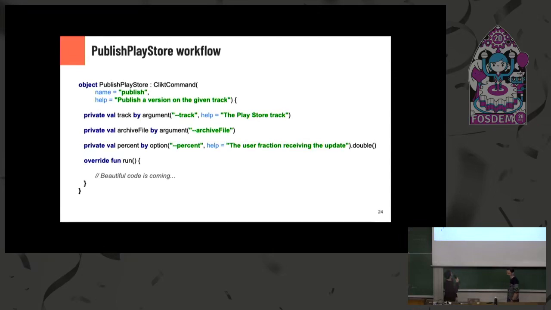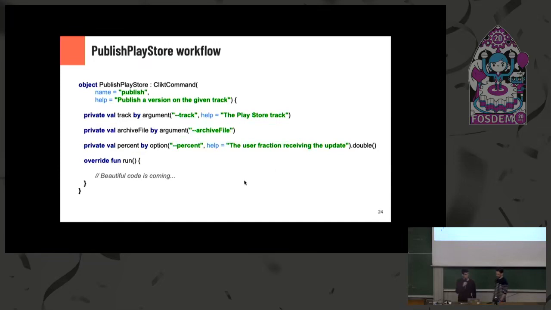Specifying a workflow is very easy. You just inherit from a Clikt command. You specify the name. This will be the command name. The help, of course. For arguments, you define arguments using by argument or by option, with help again. And you can see the double is very easy to declare. You just have to write .double and it's okay.